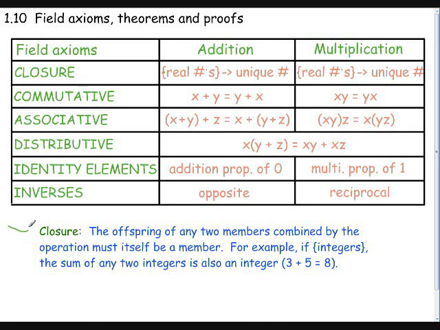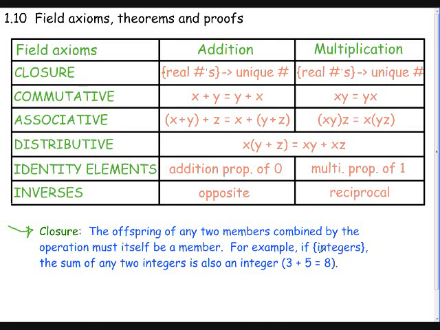Closure, here's a definition down here. Maybe we should jump down here and take a look at that. The offspring of any two members combined by the operation, and in this one we were looking at addition, must itself be a member. So I could pick any two real numbers. When I add them together, it will be a real number. And here's an example.